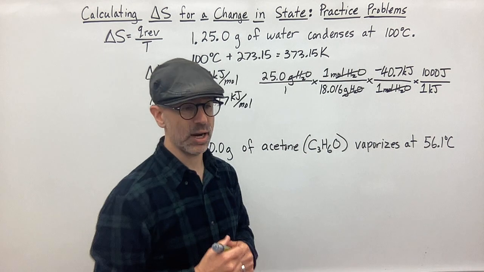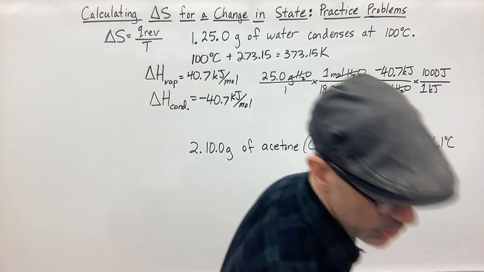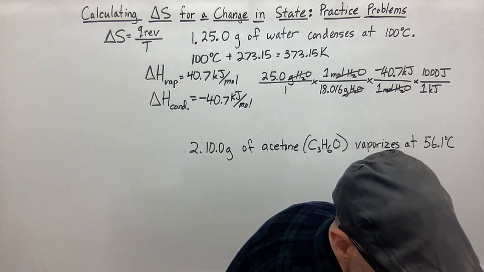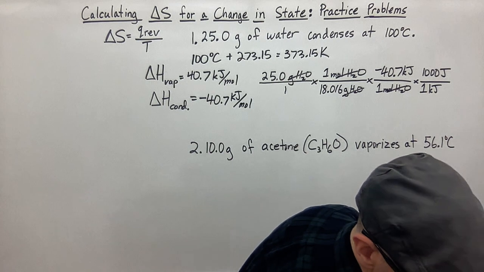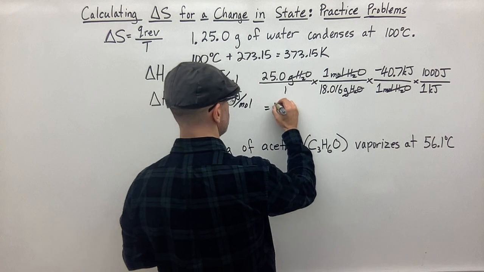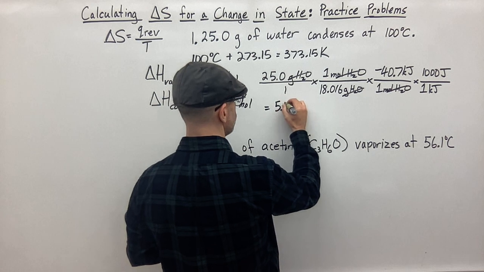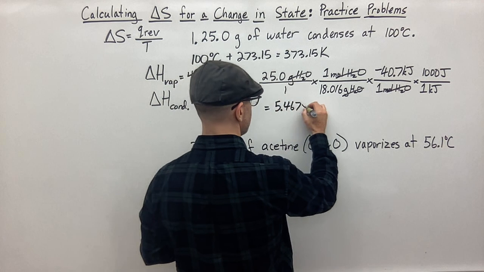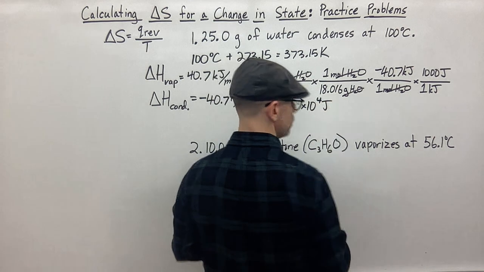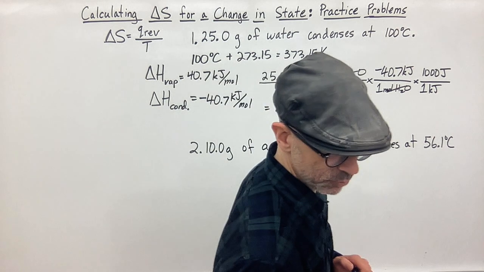Now we can do our calculation, and when we do that, we get 5.467 times 10 to the 4 joules. Let me double check that I did that right.